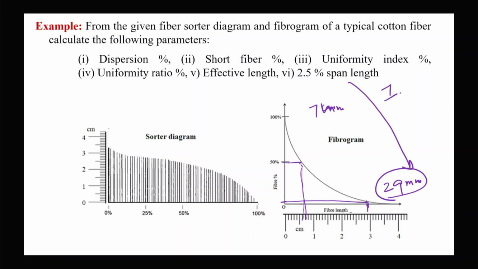So 7 by 29: uniformity ratio will be 50% span length by 2.5% span length, times 100. That is 7 by 29 into 100, 24.13.